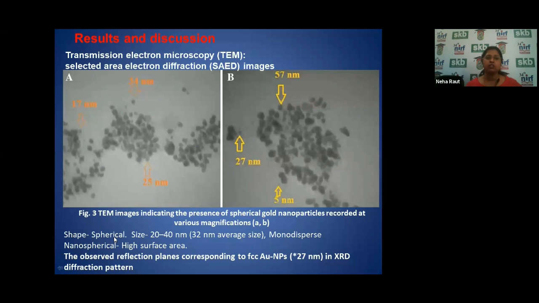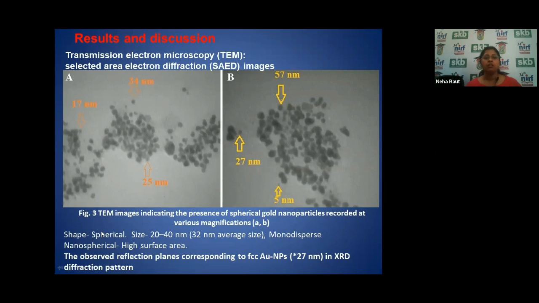This TEM gives us an idea regarding the shape of the nanoparticle. The size is in the range of 20 to 40 nanometer. So the average size is 32. Monodispersed, so there are similar types of nanoparticles here, with no other shapes.